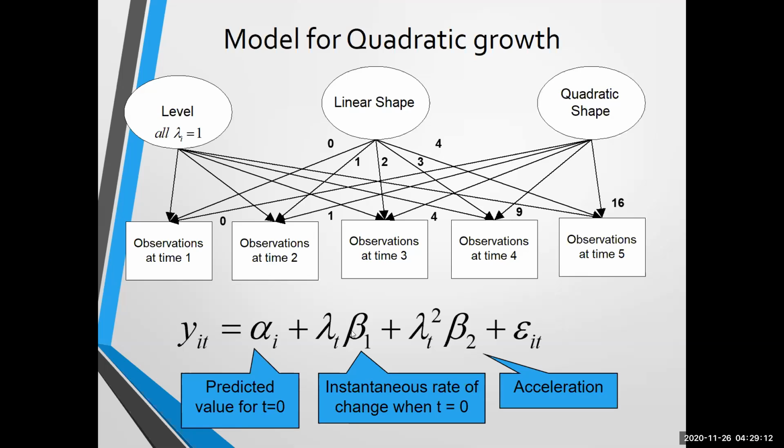So we have the factor loading of the slope and the individual slope, which is the instantaneous rate of change when time equals 0. And then we have the quadratic shape, which is the acceleration, plus a residual. I should note that each individual will have a level, linear shape, and quadratic shape.